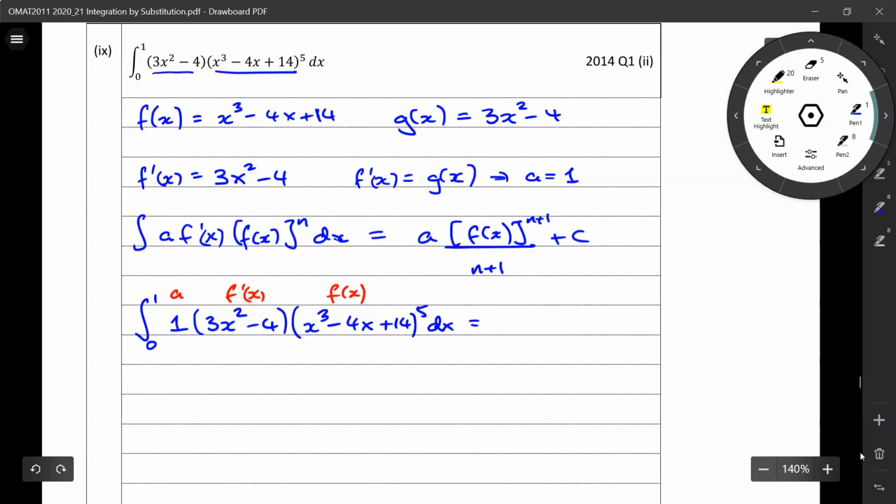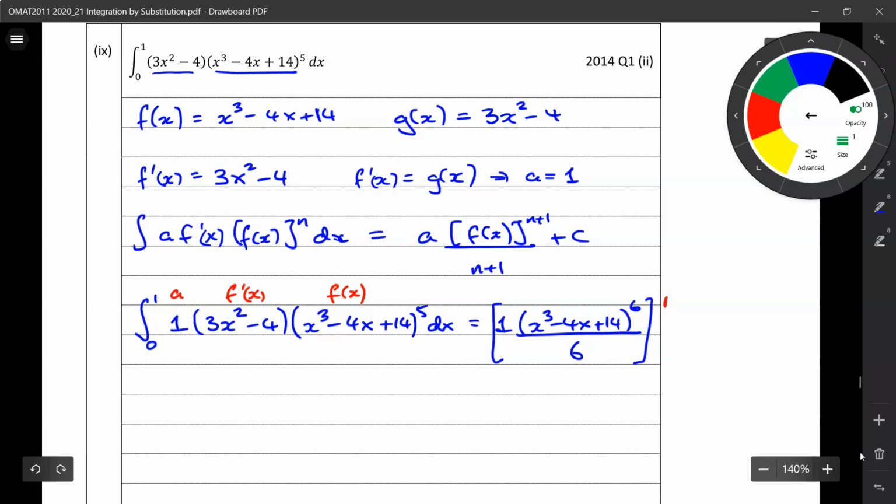That gives us 1 times x cubed minus 4x plus 14, and we have a power of 5, so we raise that by 1 to 6, and we divide by the raised power. And here we're going to go from the upper limit of 1 down to the lower limit of 0.